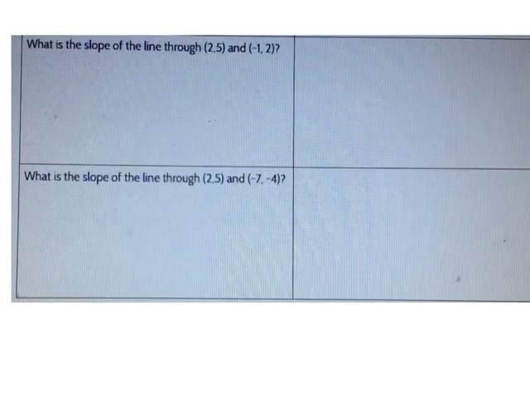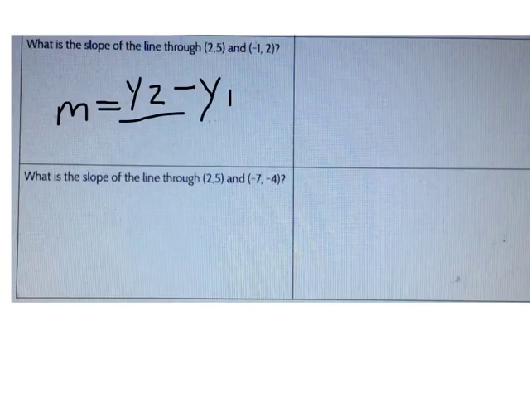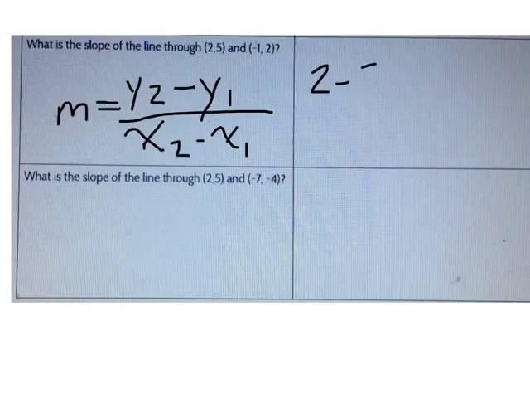Try a couple more. What is the slope of the line through 2, 5 and -1, 2? Remember, we can use the formula m equals y2 minus y1 over x2 minus x1. So I can subtract 2 minus 5 over -1 minus 2. What's 2 minus 5?